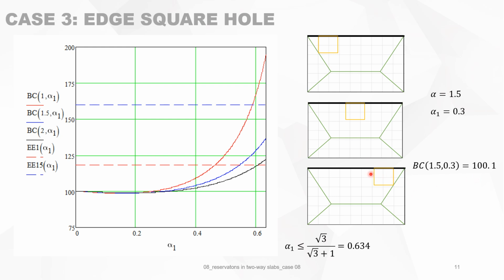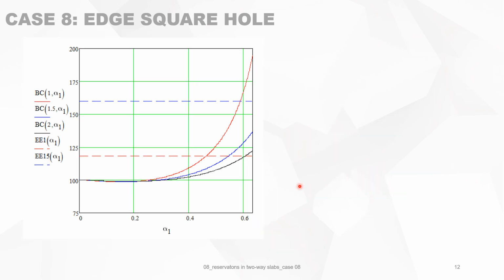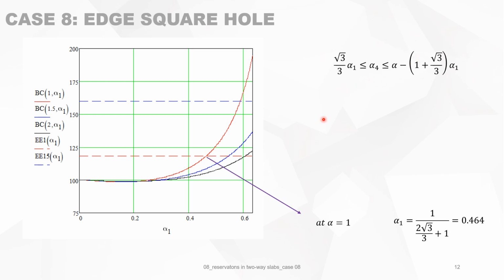Now, this condition on alpha 4 is as follows. That was the condition, and I just rewrite it here. Then, for instance, for the red curve, which is for a square slab, alpha is 1, you see that this value here is the bearing capacity at that point. So it's the bearing capacity at point 464 times A. And this value is the value limited by this formula.